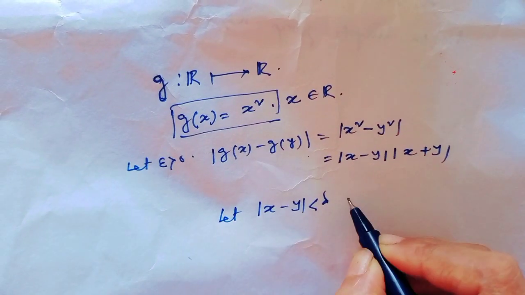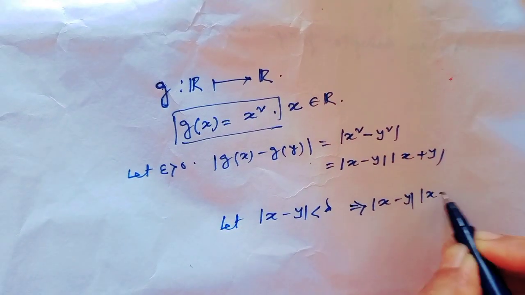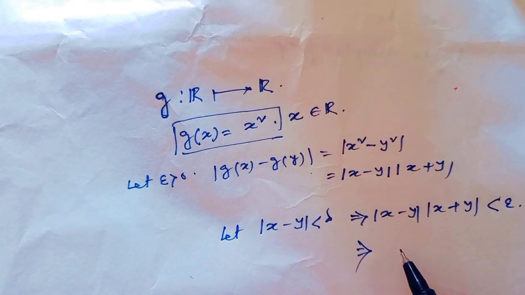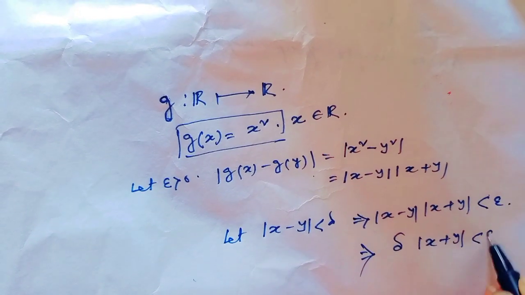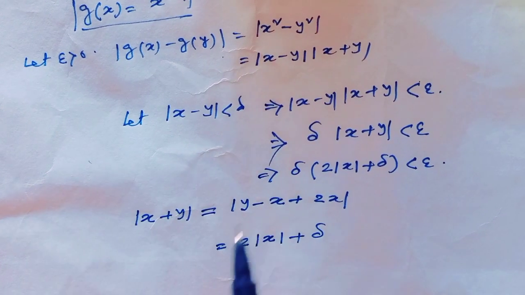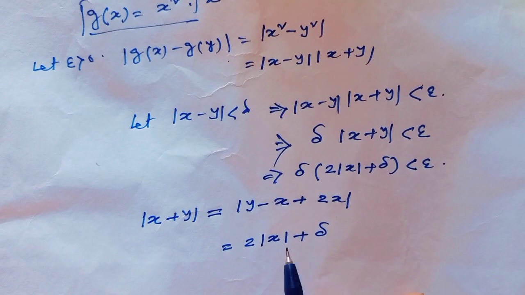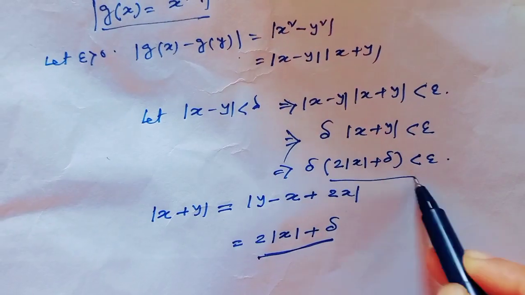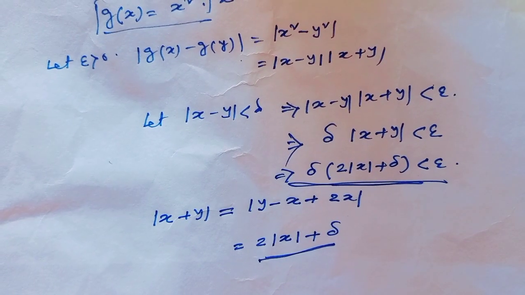Then |x - y| times |x + y| should be less than epsilon. Since |x - y| is less than delta, this is delta times |x + y| less than epsilon, and we can write |x + y| equals |y - x + 2x|, which is at most 2|x| + delta. Therefore delta times (2|x| + delta) is less than epsilon.